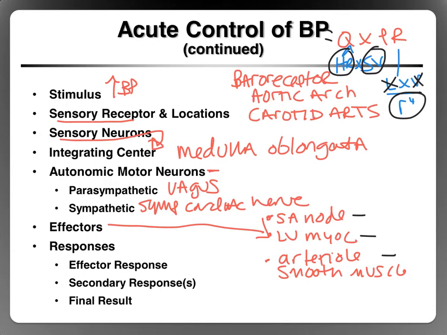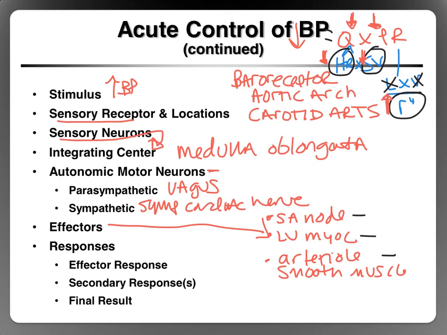Okay? In order to bring blood pressure down, we need a decrease in cardiac output and a decrease in peripheral resistance. In order to decrease cardiac output, we can decrease heart rate and stroke volume. In order to decrease peripheral resistance, we can increase radius. Okay?